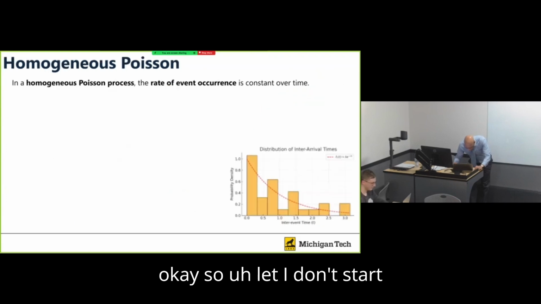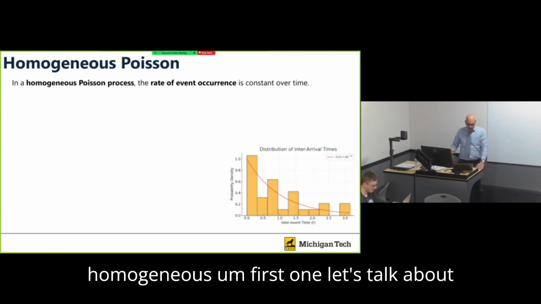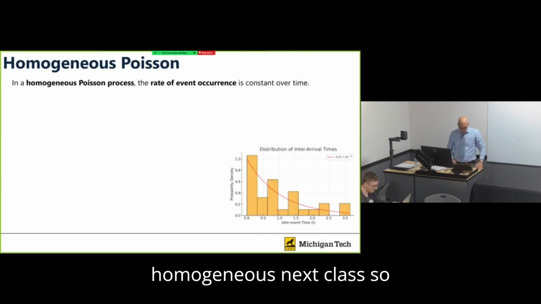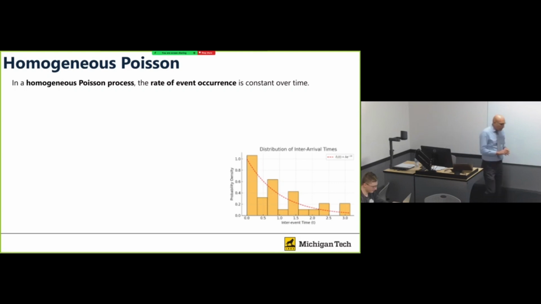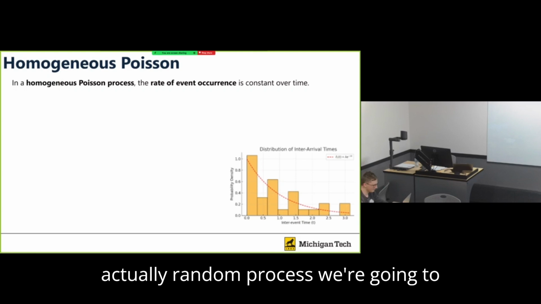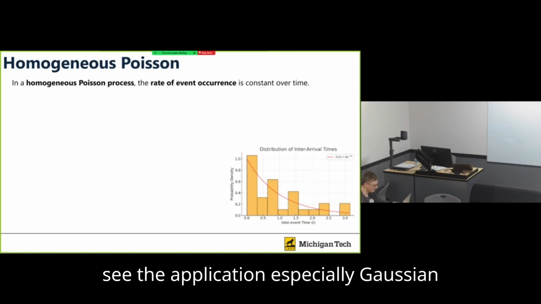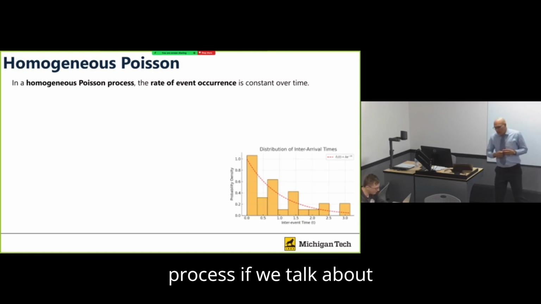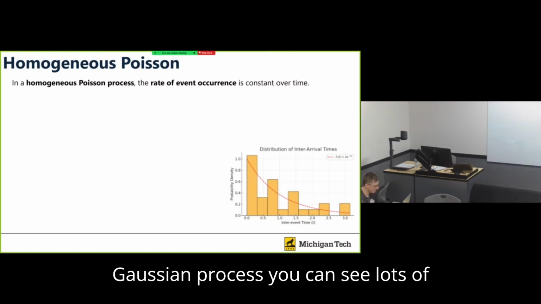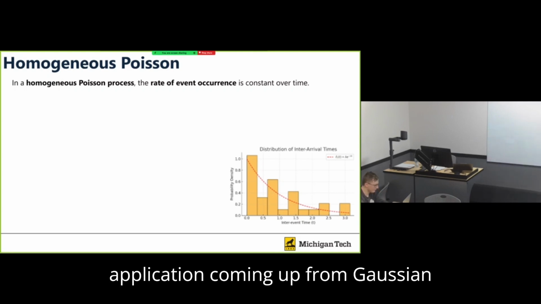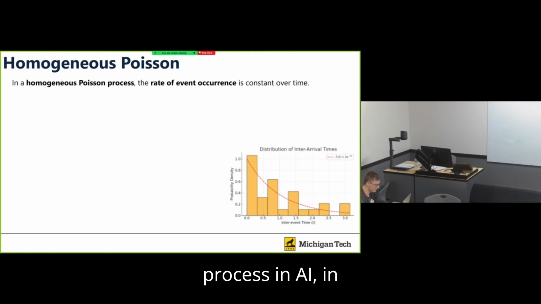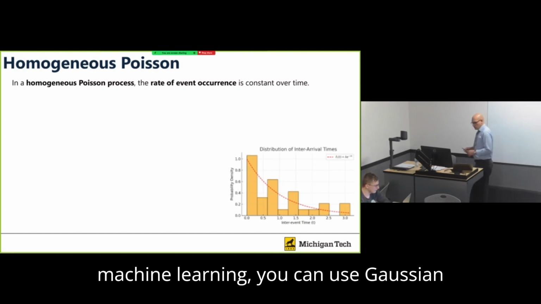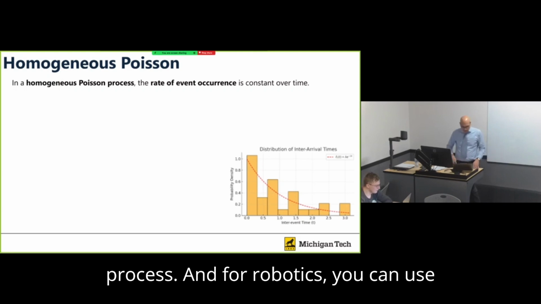Okay, so I won't start homogeneous Poisson. Let's talk about homogeneous next class. But this was the start of random processes. We're going to see the applications, especially of the Gaussian process. If we talk about Gaussian process, you can see lots of applications coming up in AI and machine learning, and for robotics you can use Gaussian process.